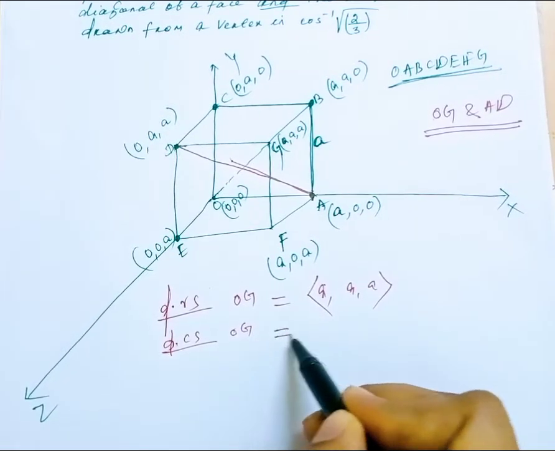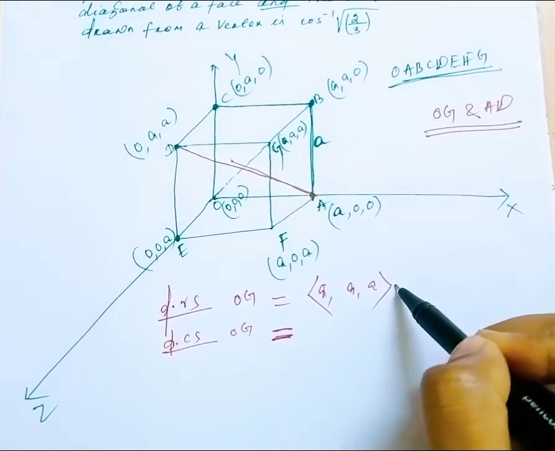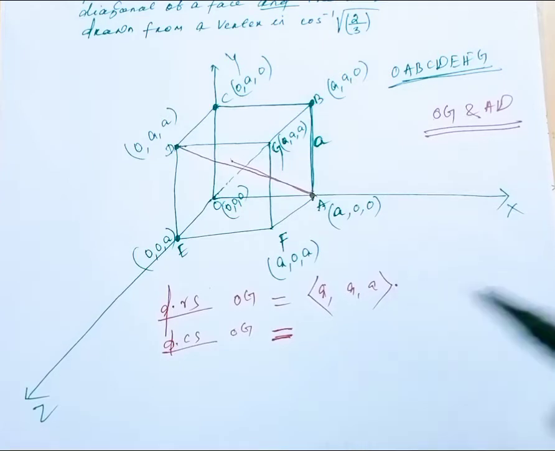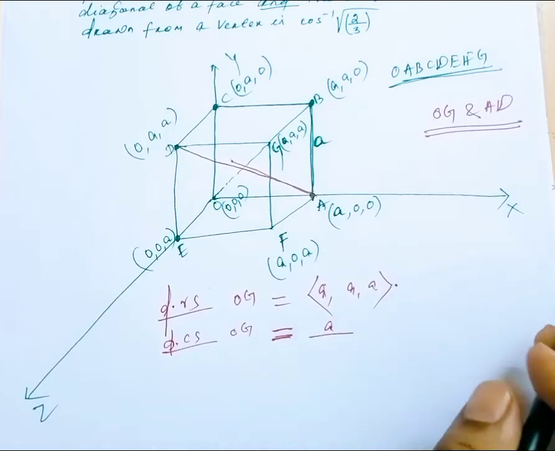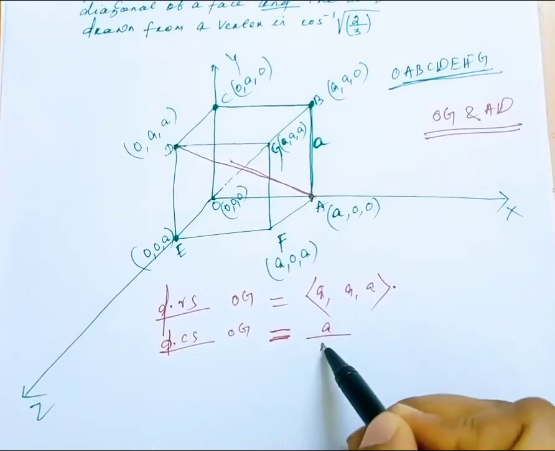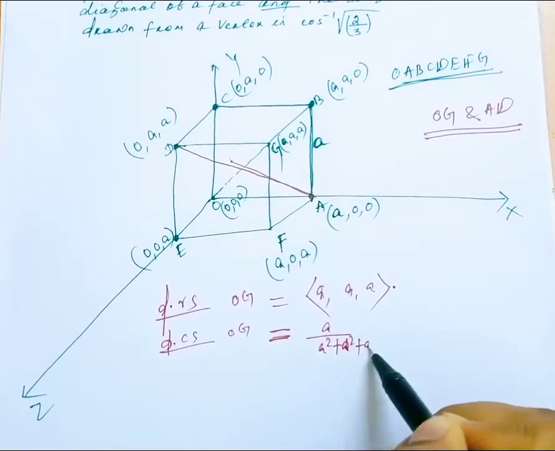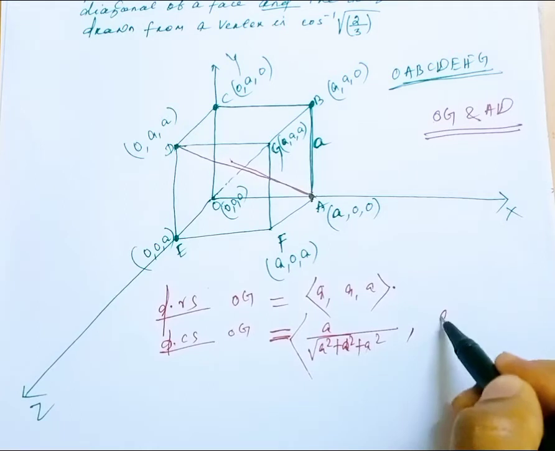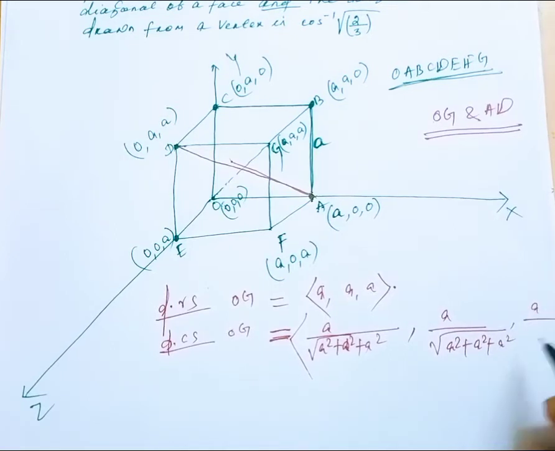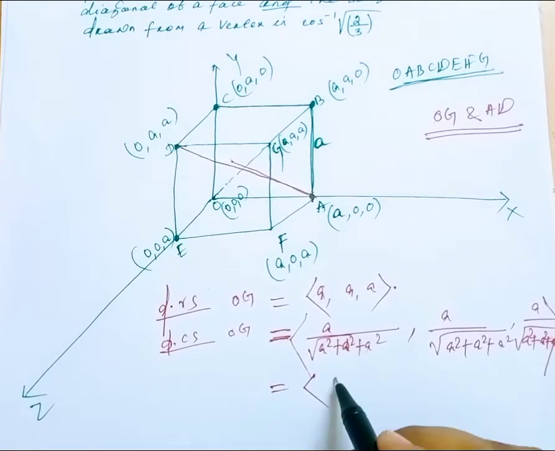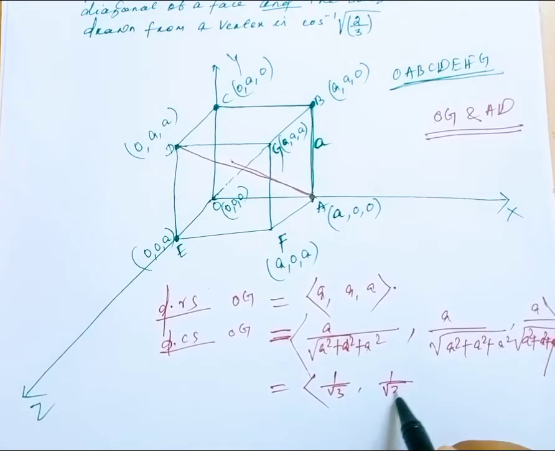All these are present in my previous videos. If you forgotten, you can go to my previous video for a recall. According to that, direction cosine should be A divided by square root of A square plus A square plus A square, and again the same. Okay, so then it becomes 1 by root 3, 1 by root 3 and 1 by root 3.